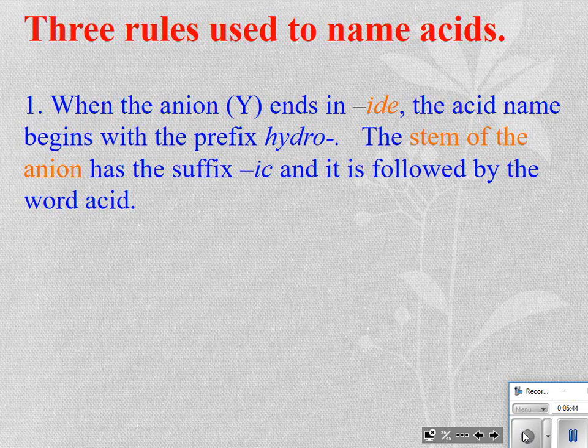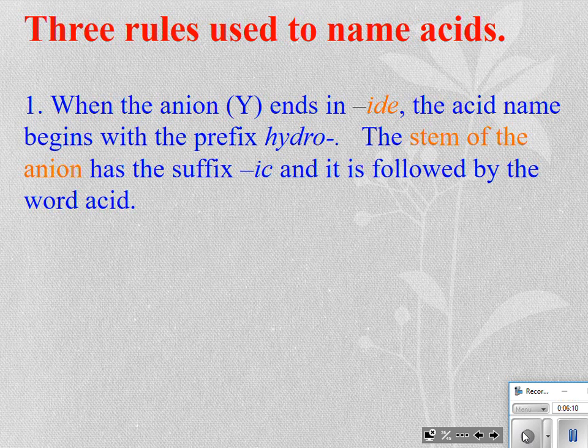It is either an ATE, an ITE, or an IDE, other than the positive one, which is ammonium. All of the negative ions end in IDE, ITE, or ATE.